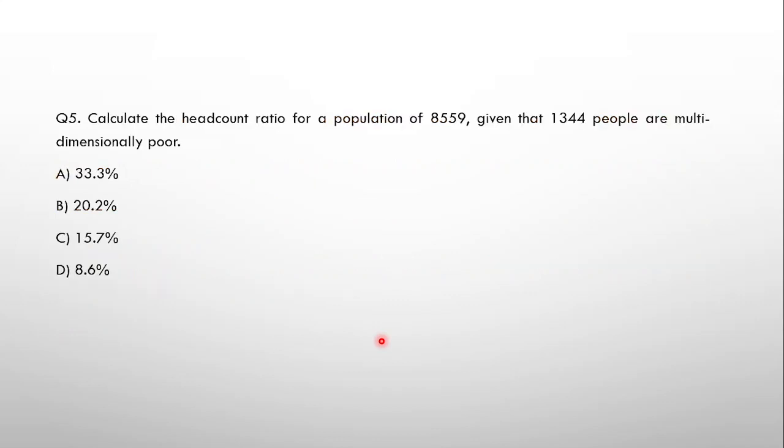Now, a couple of calculations. Calculate the headcount ratio. So what is the headcount ratio? It is nothing but the percentage of poor among a population. That's all. The population is given as 8559 and 1344 people are multidimensionally poor. So calculate that.